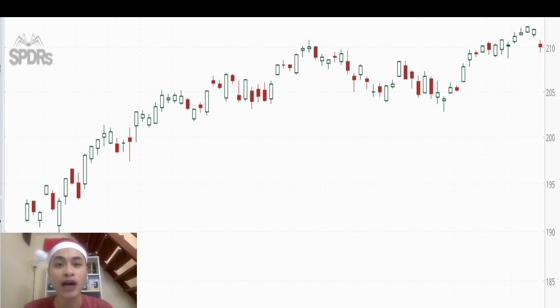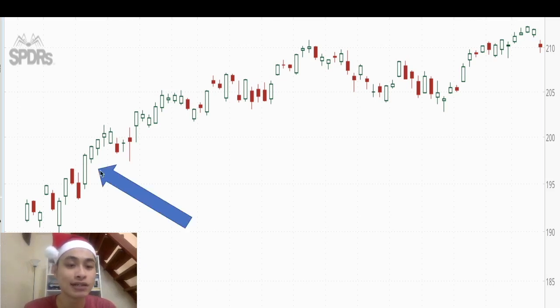Okay, so on this price chart, can you identify where the three white soldiers pattern is? Alright, the three white soldiers pattern is here, indicated by the arrow. As you can see, there were three consecutive bullish candlesticks, and each candlestick opens within the previous day's candlestick.